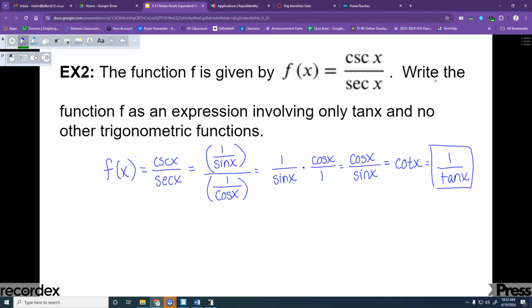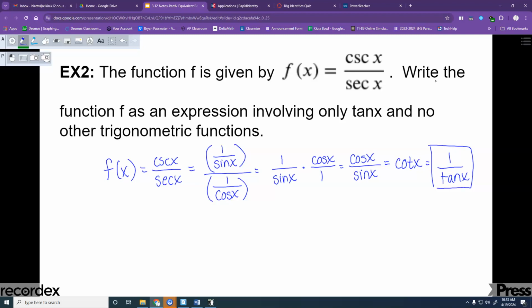Okay, so when we're asked to rewrite using only one trig function, notice I didn't try to change things to tangent here. I changed everything to sine and cosine, and then when I got to the end, I thought about how I could change it to tangent.